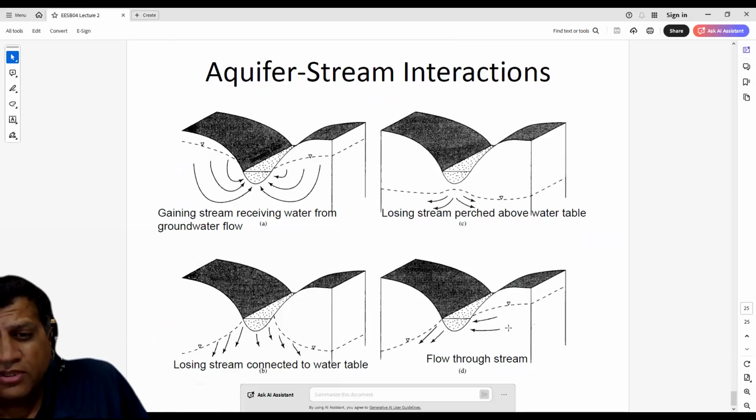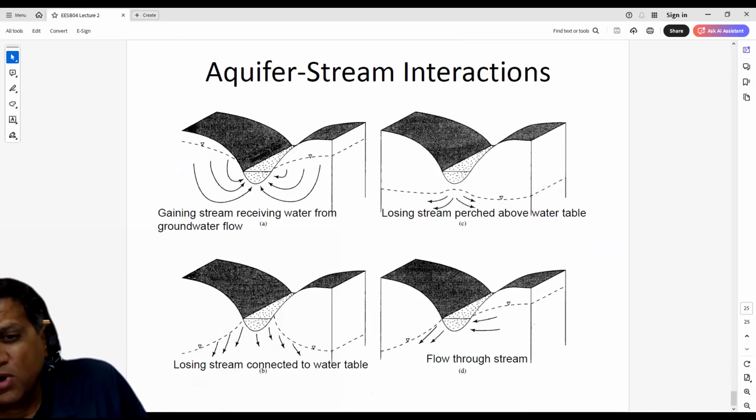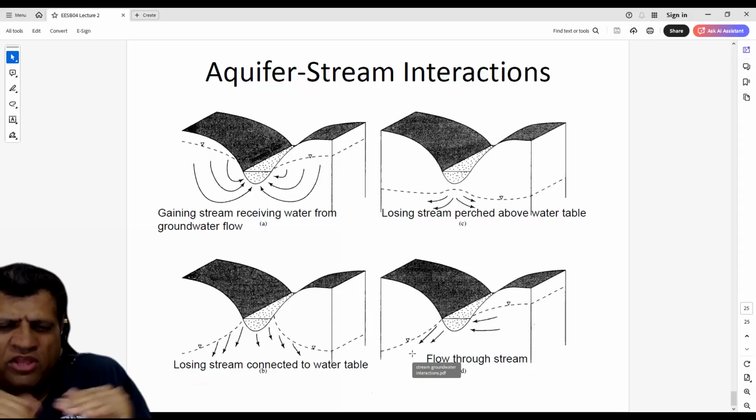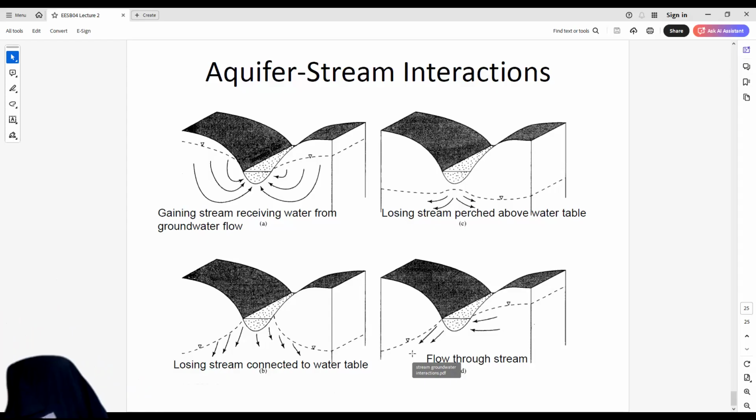And in general, the water is connected to the aquifer, right? Here, it's interesting how the water is actually just flowing through. So it enters here and there's water flowing through. And it's probably because the hydraulic gradient is steep in that direction.